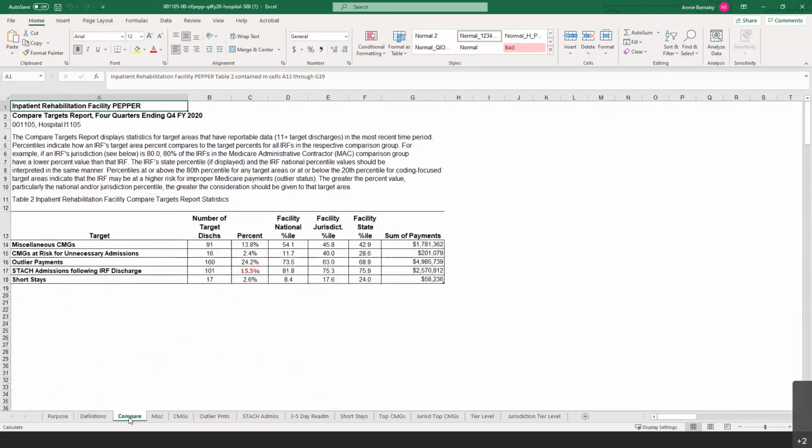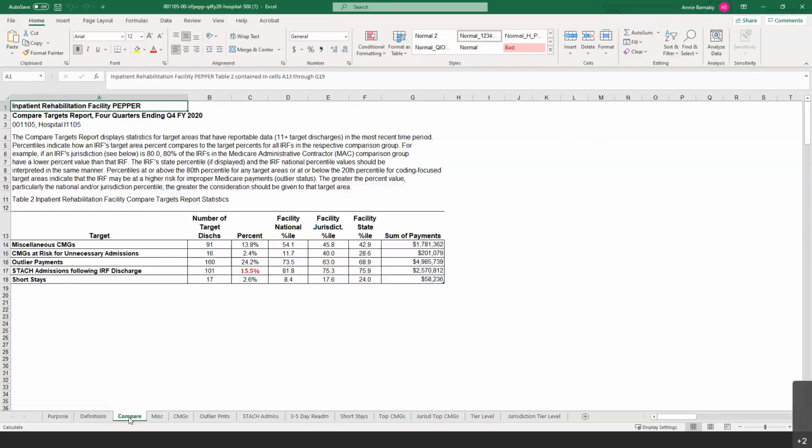The Compare tab is next, and this Compare tab reports statistics for target areas that have reportable data. Now, for this PEPR, reportable data stands for 11 or more target discharges. So any target area that does not have that 11 or more target discharges is not going to be included in the PEPR.